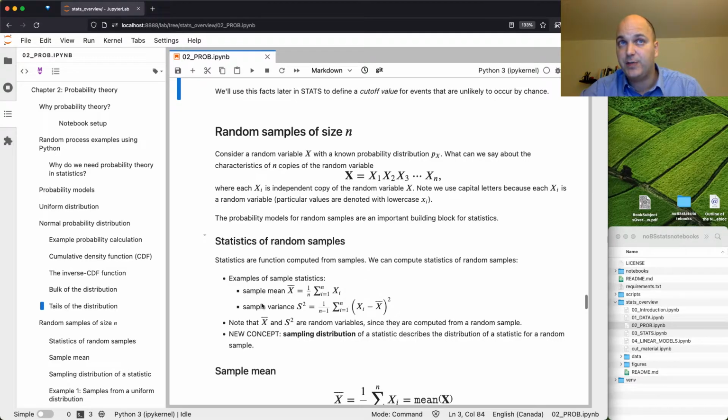The sample mean and the sample variance are the two most common examples. And remember the formula for the sample mean, 1 over n times the sum of the values. And the sample variance is the squares of the difference from the mean for each value.